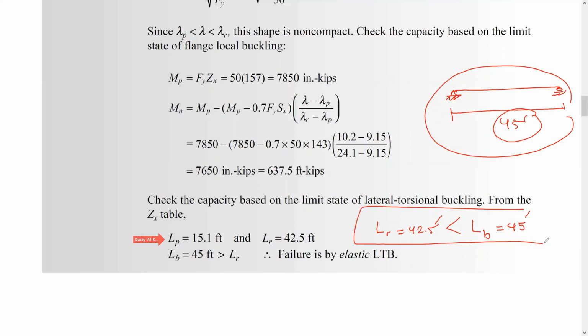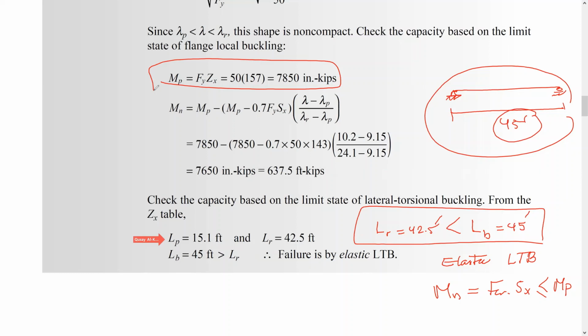So this one is going to fail under elastic lateral torsional buckling, okay? So the nominal moment, since we are dealing with flexural members, is going to be Fcr times the elastic section modulus, and this is supposed to be less than the plastic moment, which is this value here.